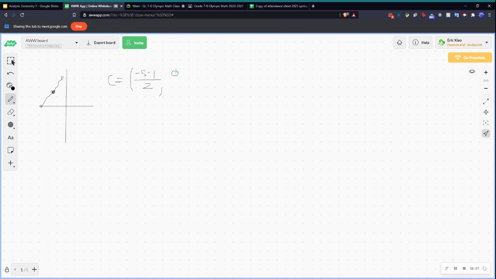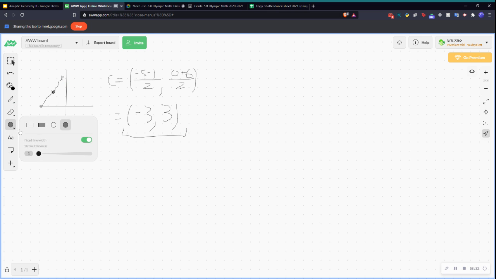And we also have 0 plus 6 for the y, divided by 2. Right, so that should give you -6 over 2, which should give you -3. And you have 6 over 2, which would give you +3. There you go. So these are your center coordinates of the circle.